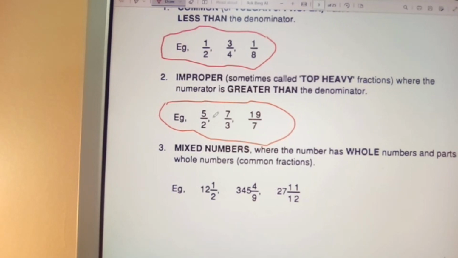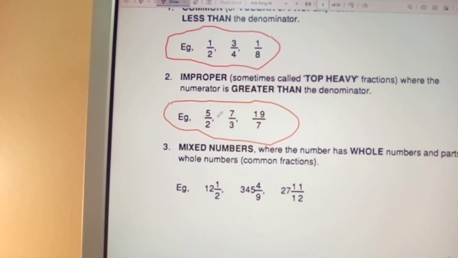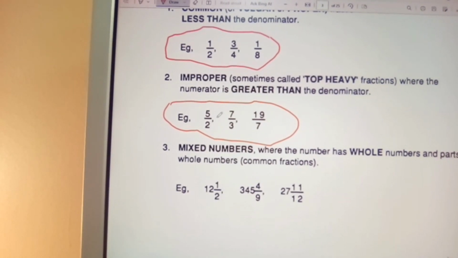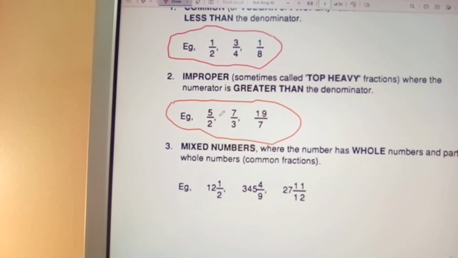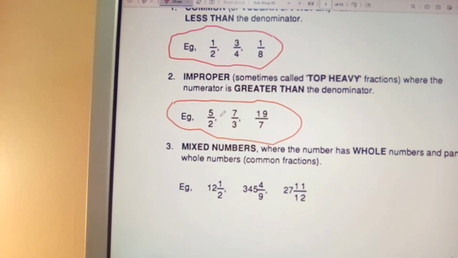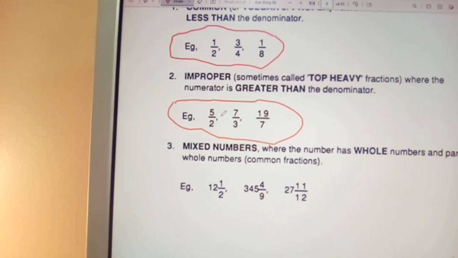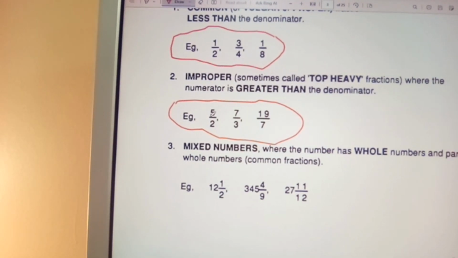Now, obviously, if you were going to bring these to proper fractions, you will need to look at that.